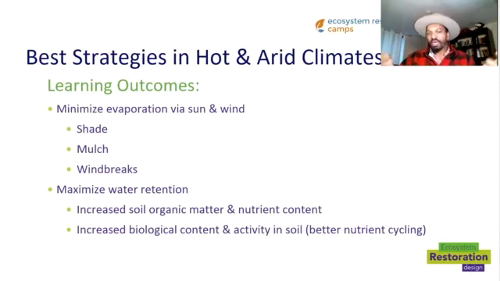And then it maximizes the retention of water. And this is done by increasing the amount of soil organic matter in soil and the nutrient content of soils, and then also increasing the biological activity and content of soils, which would actually help us to get better nutrient cycling and then better growth, better yields, and better function. So how do we do that?